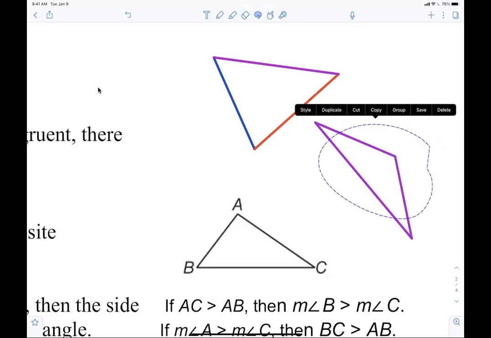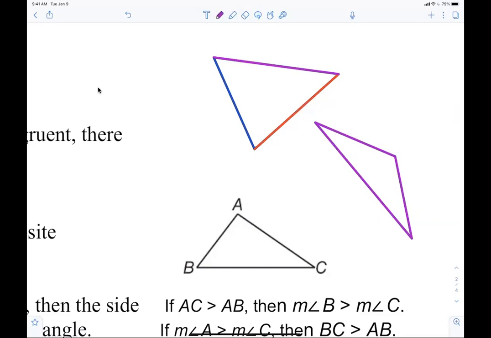So what I'm trying to show you, and this is the important part right here: the side is always related to the opposite angle. This angle determines this side. Does that make sense to everybody? The bigger I open that angle, the bigger the opposite side becomes. Right? Does everybody see that?